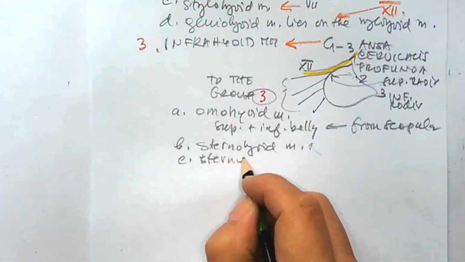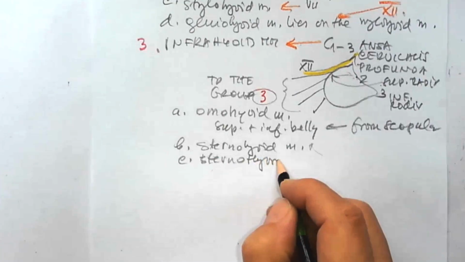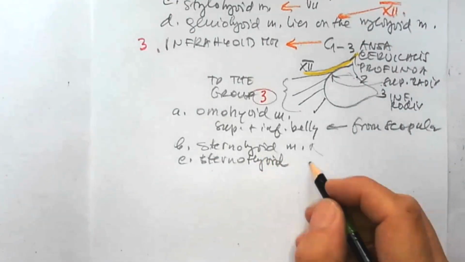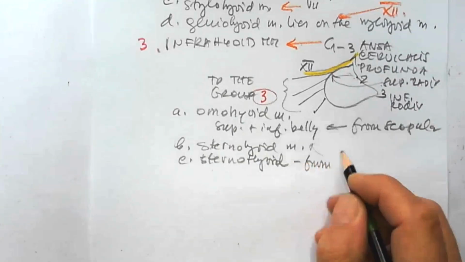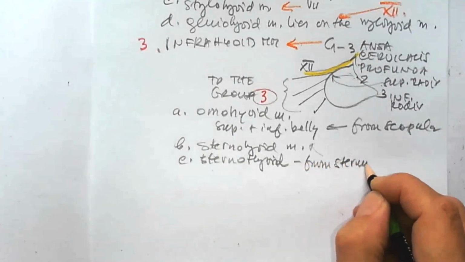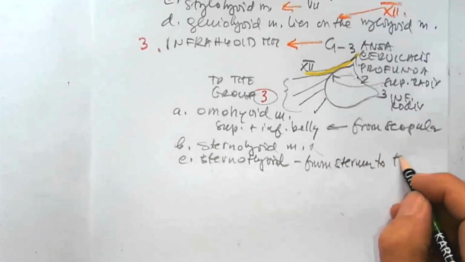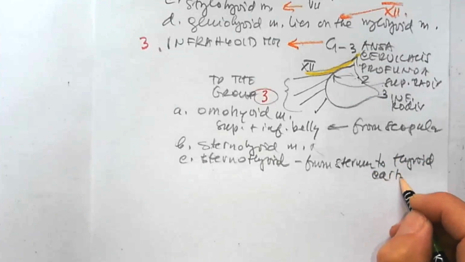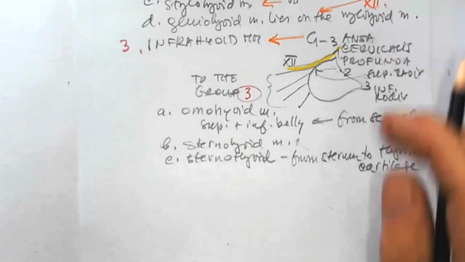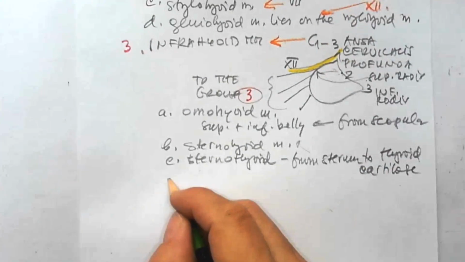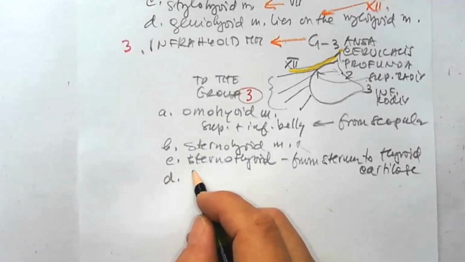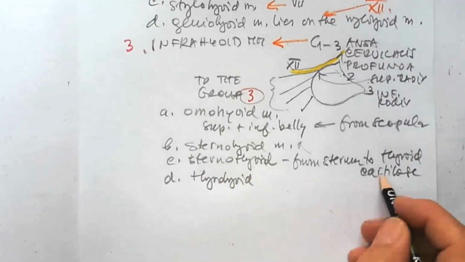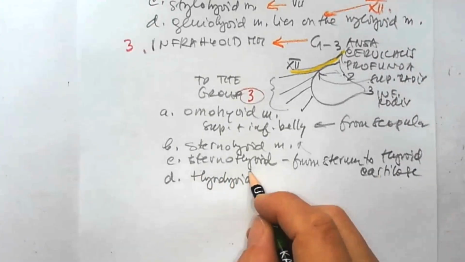It runs from sternum to thyroid cartilage, and the last one is thyrohyoid, which is the continuation of the previous one.